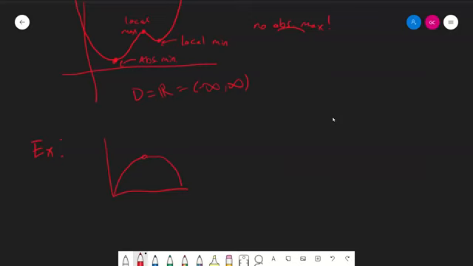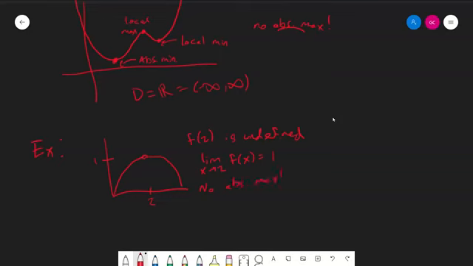Where the peak would normally be, you have a hole instead. So here we have a function where f of 2 is undefined. The limit as x approaches 2 of f of x is equal to 1, so that's where I put the hole. So this is a function that has no absolute maximum.